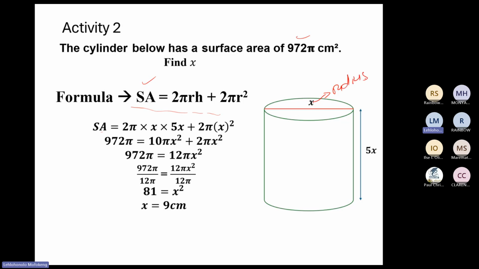So our radius will be x. We substitute the radius with x, and we substitute the height with 5x. That is why you see the height being 5x. Then you work it out, you multiply, you manipulate, and ultimately you'll get the value of x being 9 centimeters. So the value of x, which is our radius, will be 9 centimeters.